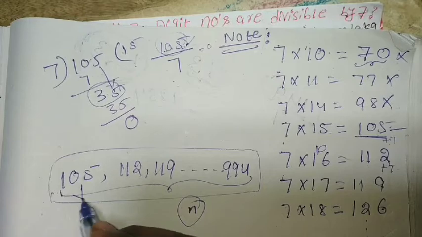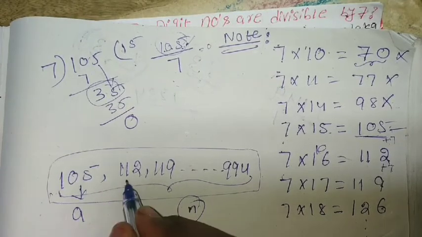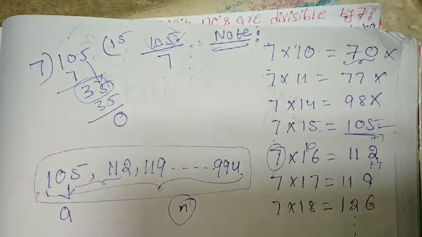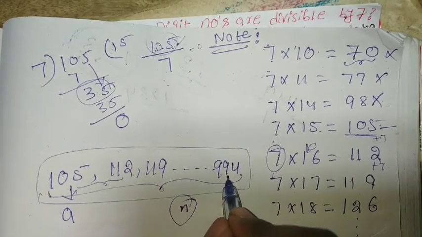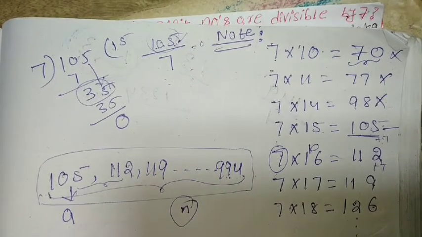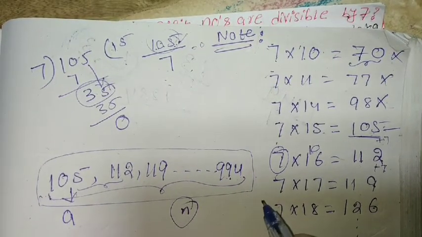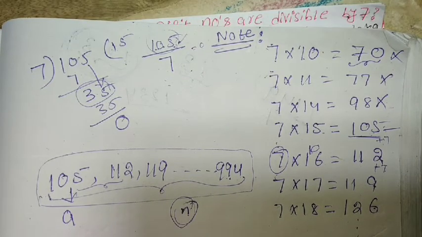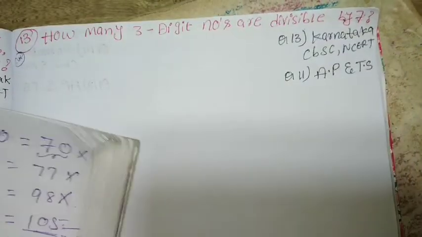See, already we know term 1, that is a, and we need to find the common difference. What is the common difference? Common difference is 7. And what is the last term here? 994. Are you getting it? And you can easily solve for small n, that is the number of terms. Let's start. Write down here.